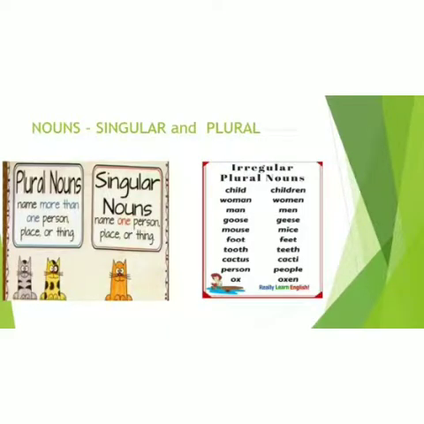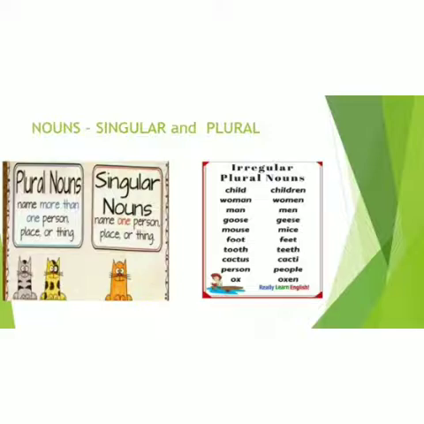Singular and plural nouns. A singular noun names one person, place, thing, or idea, while a plural noun names more than one person, place, thing, or idea. Most singular nouns need an S at the end to become plural.